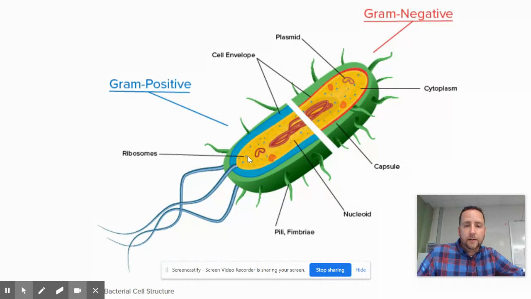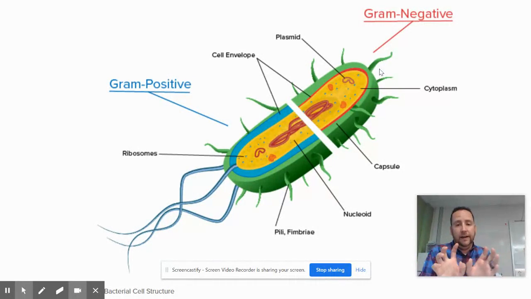You have the cytoplasm. You have ribosomes, which build proteins. The capsule is basically an outer coating layer. It's like the first line of defense, but it's not very thick and won't create a lot of defense. You have other structures called pili or fimbriae. These little structures that extend off allow bacteria to connect with each other and move plasmids back and forth.